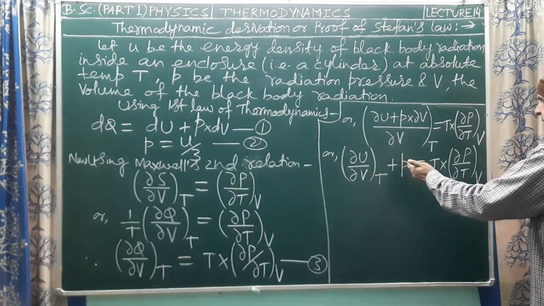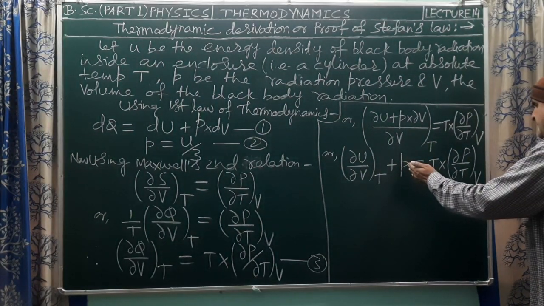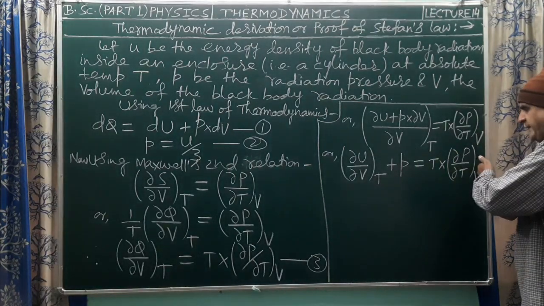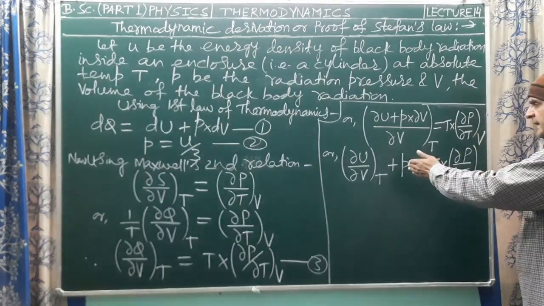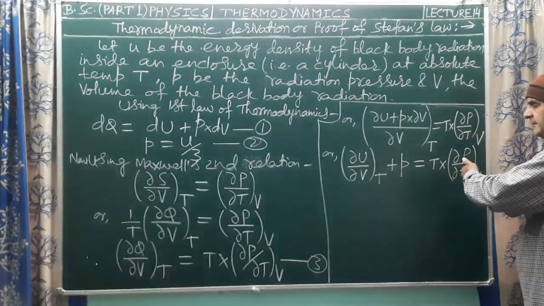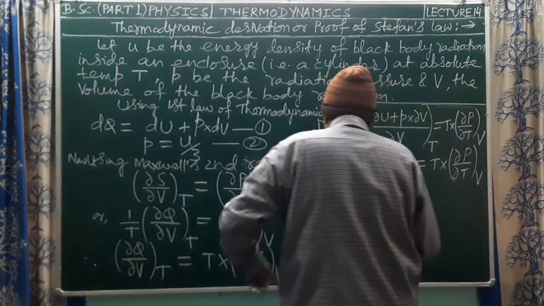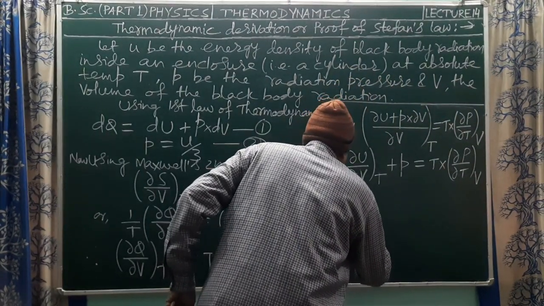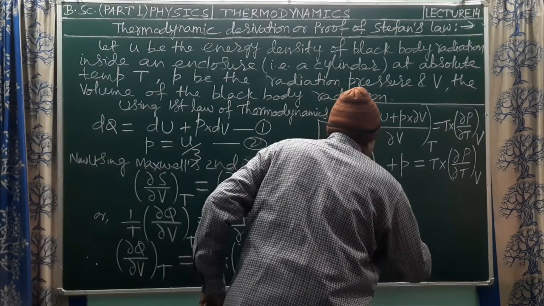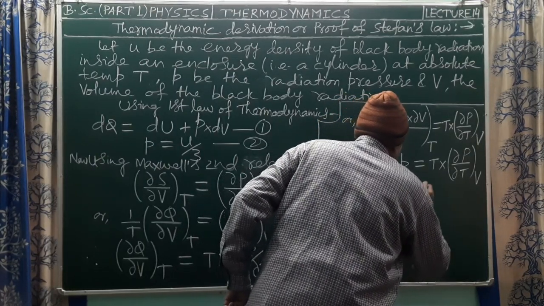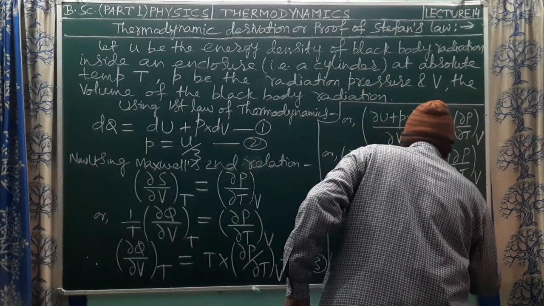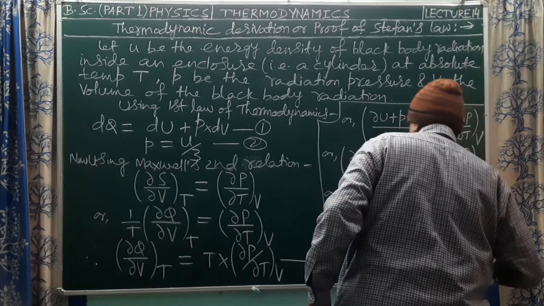Now taking P from LHS to RHS, the plus sign becomes minus P in the RHS. Taking small p, that is radiation pressure or pressure of diffuse radiation, in RHS, we have del U upon del V at constant temperature T equals to T multiplied by del P upon del T at constant volume V minus the small p.